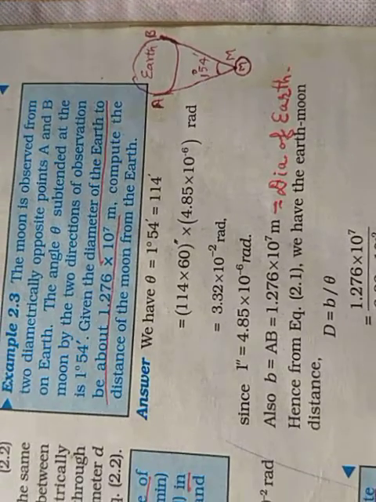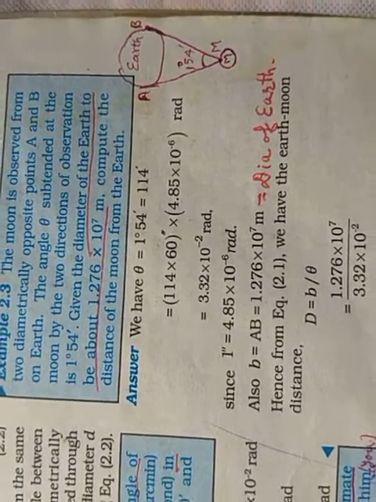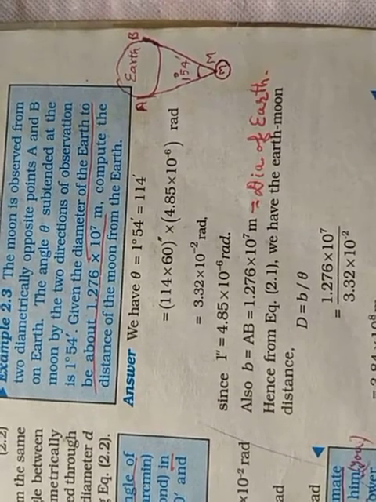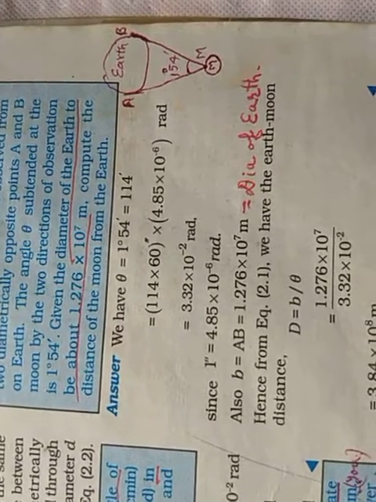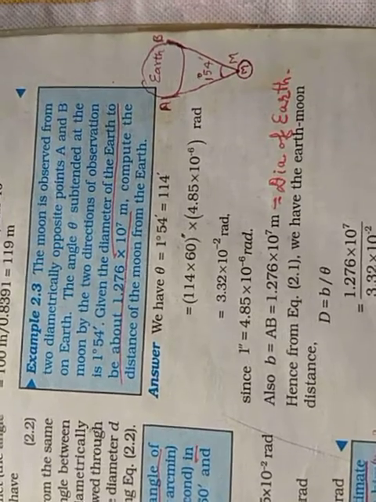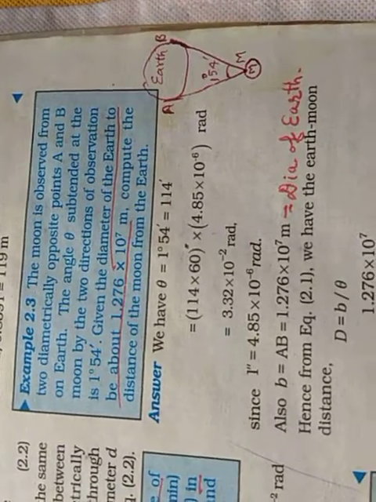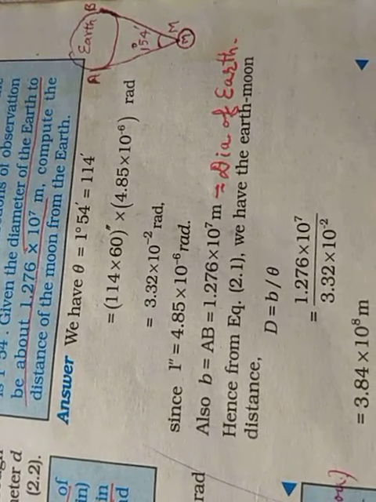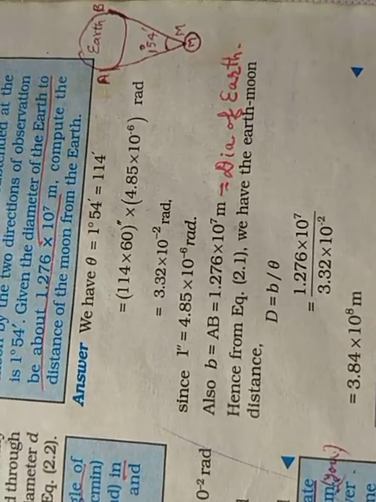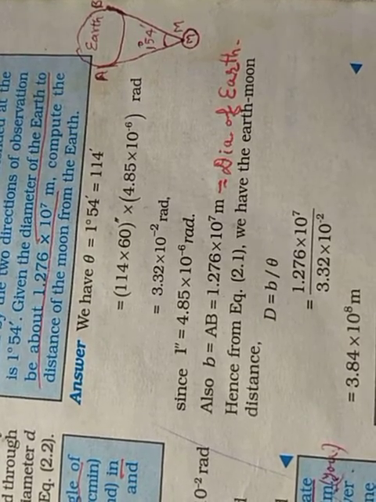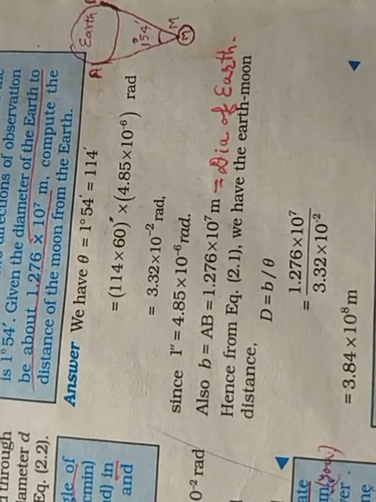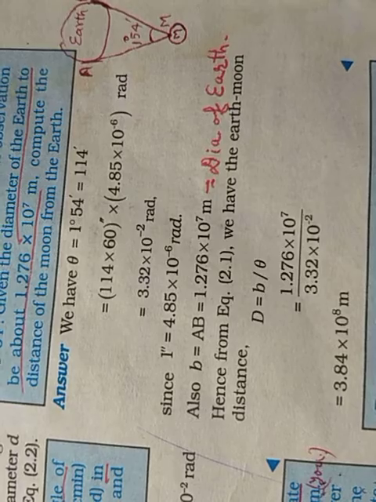Now here we have already discussed the relation between arc and radius. You know, angle is equal to arc upon radius, and in this case the arc is nearly equal to the diameter of the earth, that is AB. So if we use the formula theta is equal to arc upon radius, that means theta is equal to capital D, which is the diameter of earth, divided by small b, which is the distance.